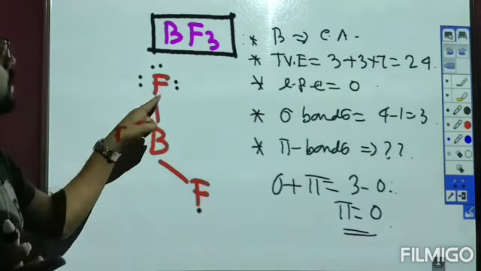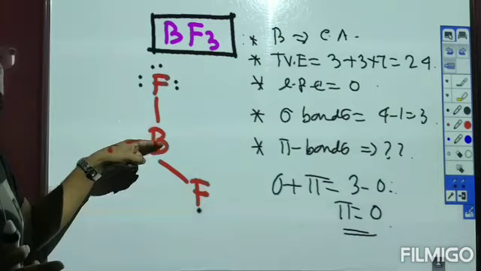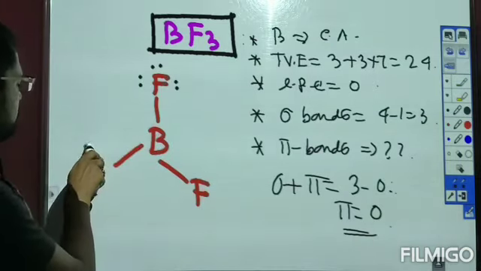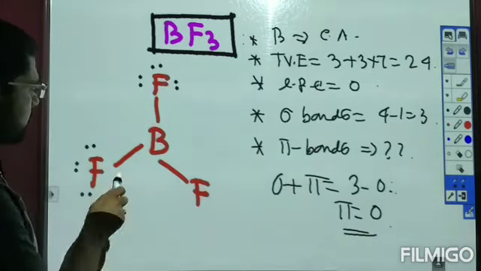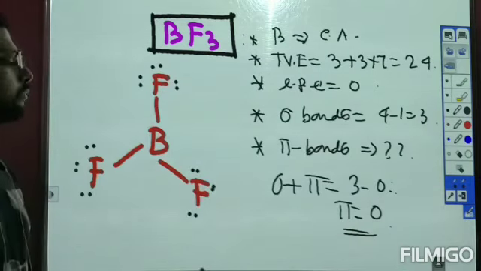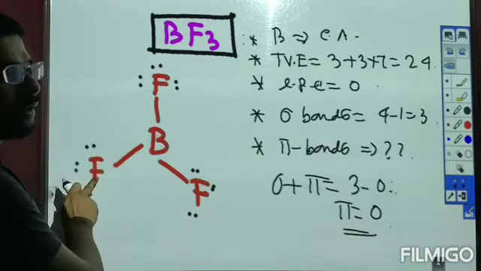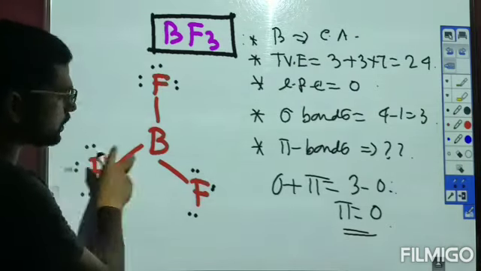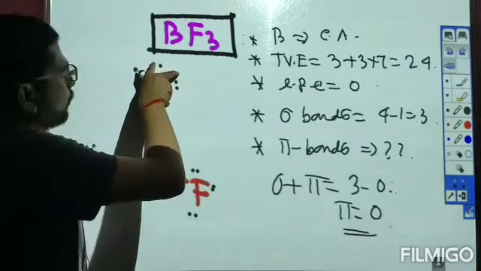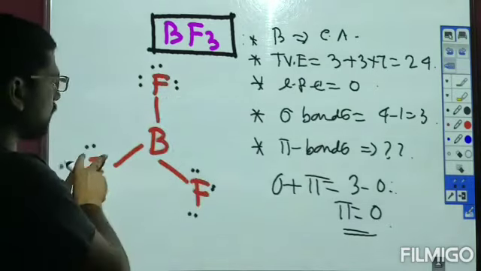So 2, 4, 6 and 1 electron used for this sigma bond with boron. Here also 2, 4, 6, 7, and 2, 4, 6. This fulfills octet. Fluorine octet fulfill করেছে, here fluorine fulfills octet, here also and here also.